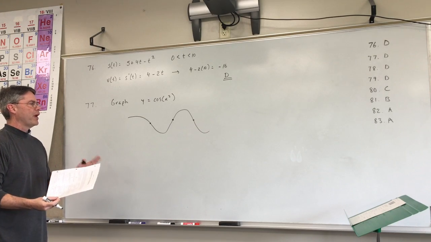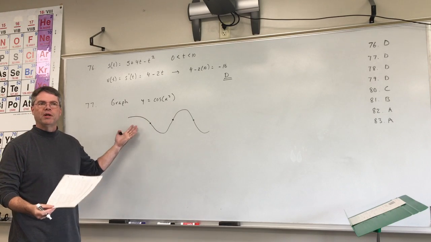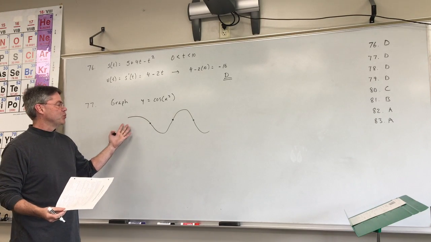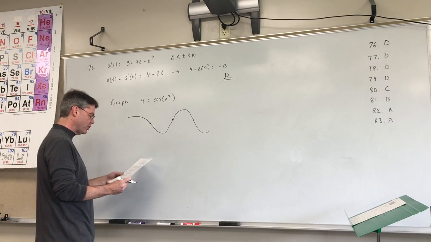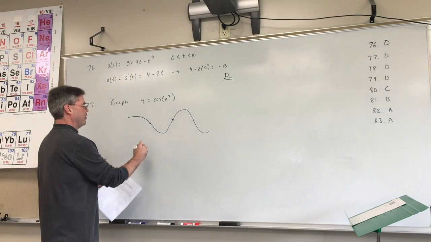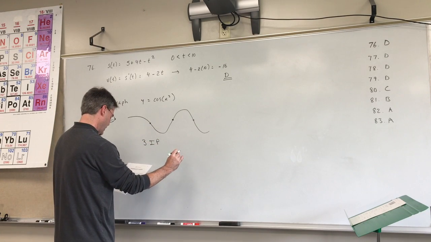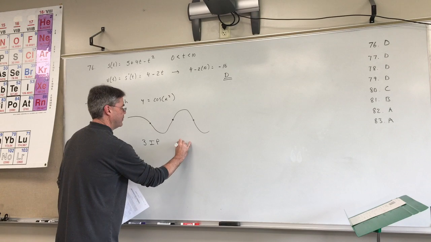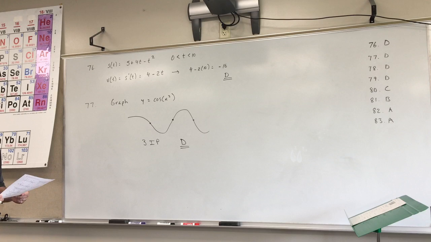You really just have to graph it and eyeball it and know what an inflection point is. It's where concavity changes, and where would those roughly be? Something like that. So between 0 and pi, you would get 3 inflection points. So that is answer D. All right, so truly a calculator problem there.